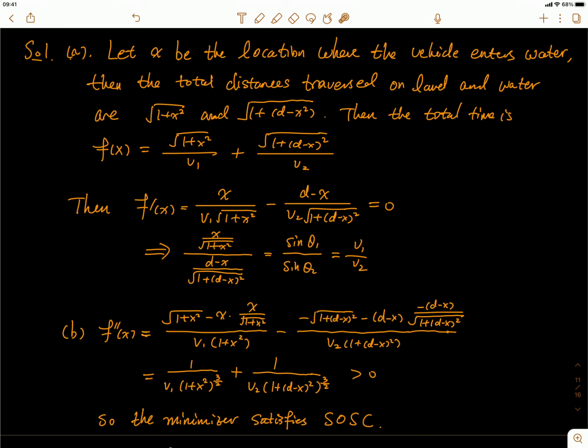As you can see, x is always between 0 and d, because that's how we chose x. So no matter what x is, 1 plus x squared is a strictly positive number, greater than or equal to 1. And this is also a number greater than or equal to 1, and this is positive as well. So everything is positive, so we get a positive second order derivative of f, and that means the second order sufficient condition is satisfied.